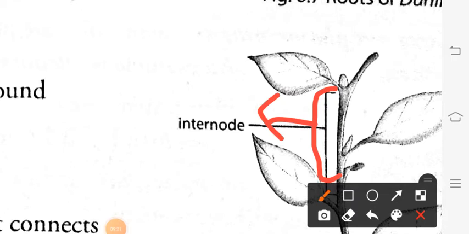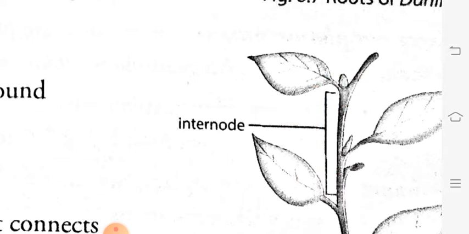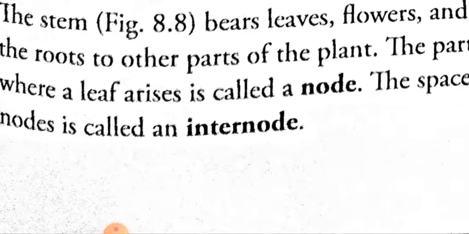What is a node? The node is the part of the plant from where a new leaf arises, and the distance between two nodes is known as an internode.